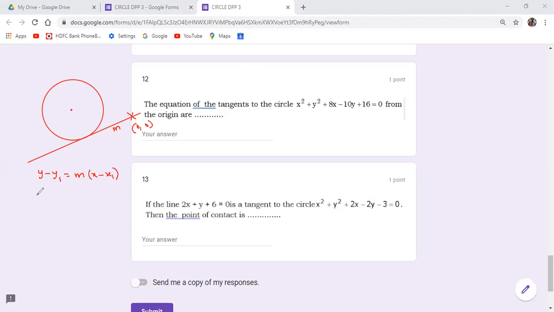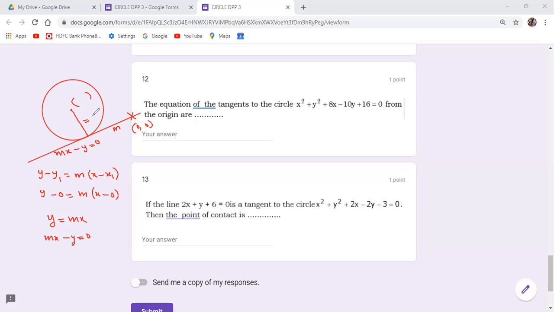Here the point is the origin, so the equation will be y equals mx, so mx minus y equals 0. What you do not know in this equation is m's value. How will you find m's value? The perpendicular distance from the center is equal to the radius.